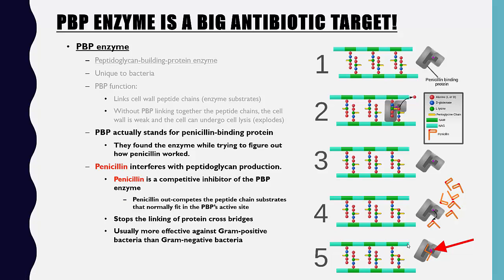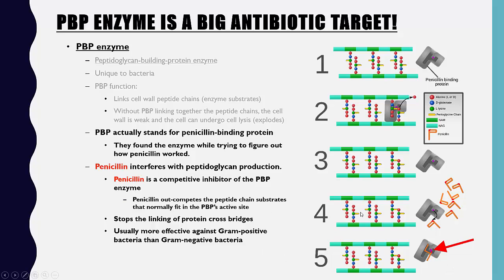And again, it's going to be more effective against gram positives. Why? Because they have all that peptidoglycan, but also they don't have a protective outer membrane. Gram negatives have that freakish outer membrane that not only makes it hard for the penicillins to get in to attack our little PBP enzymes, but even if the peptidoglycan doesn't get linked up, that outer membrane sort of keeps the bacterial cell from exploding.